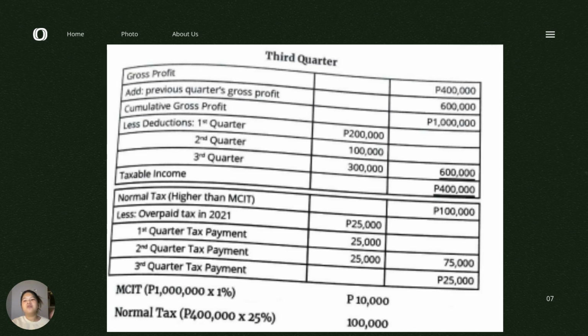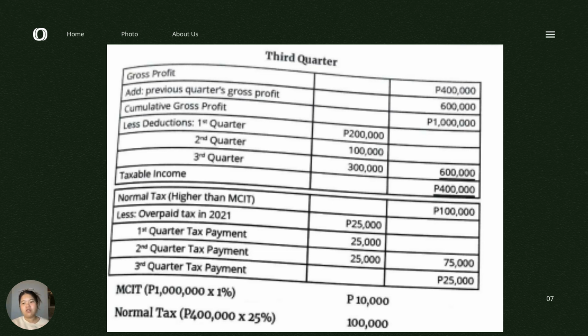Let's proceed to the third quarter. The cumulative gross profit for the first three quarters reaches 1 million, while the deduction amounts to 600,000, yielding a cumulative taxable income of 400,000. The normal tax is computed at 400,000 times 25%, which is 100,000.